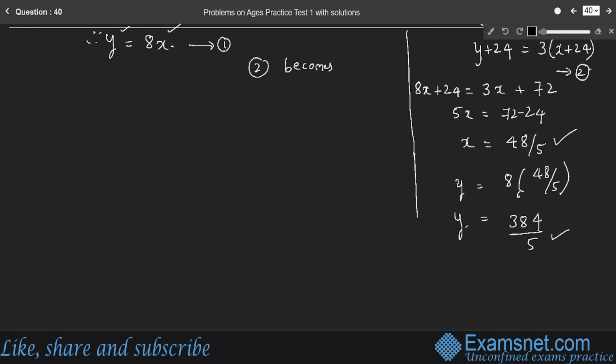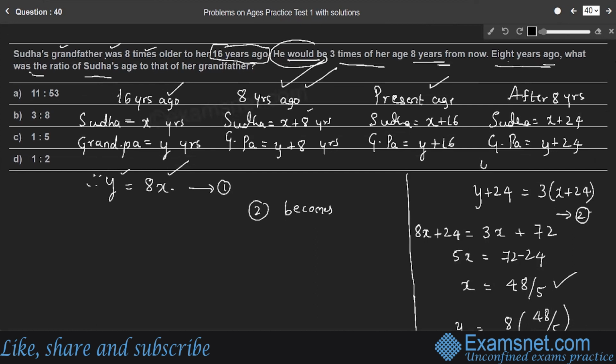Now here we need the ratio of x plus 8 is to y plus 8. Therefore, x plus 8 becomes 48 by 5 plus 8. Since LCM is 5, numerator becomes 48 plus 40, which is 88 by 5.